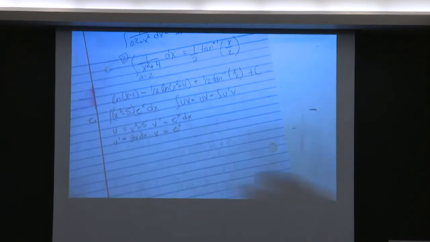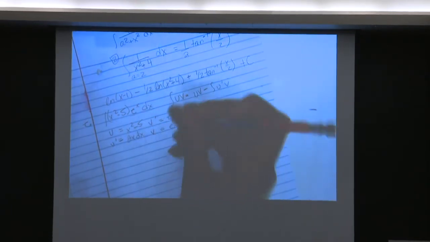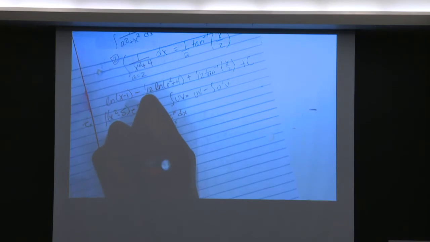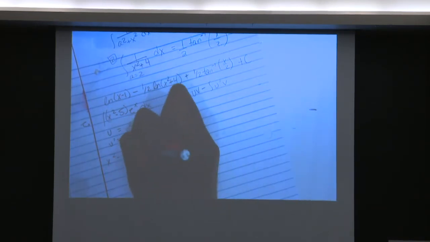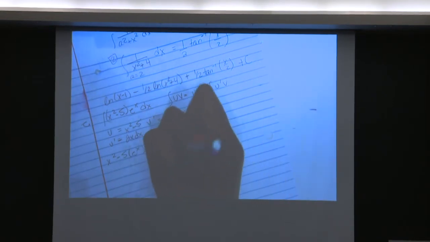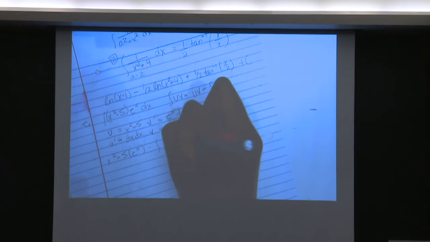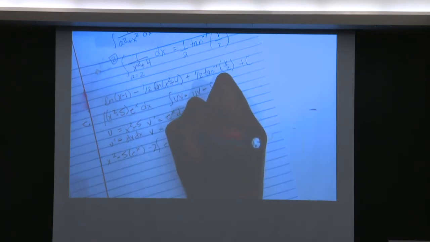So now I have 2x dx. All right, then I just plug in. My uv is x squared minus 5 times e to the x, minus, and I'm just going to bring this 2 outside, the integral of e to the x times x dx.